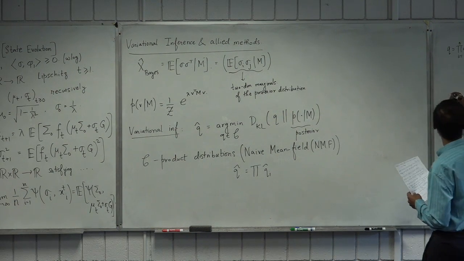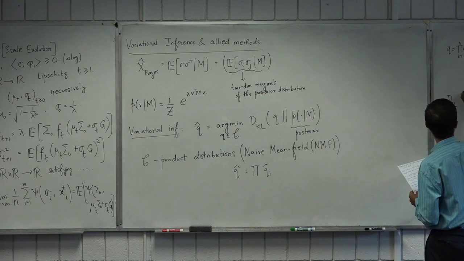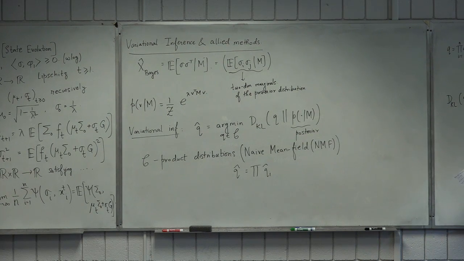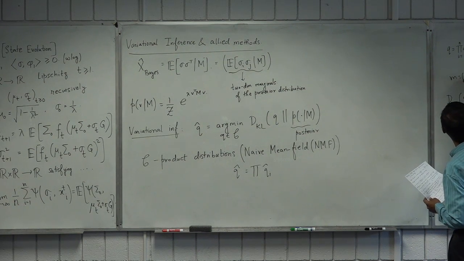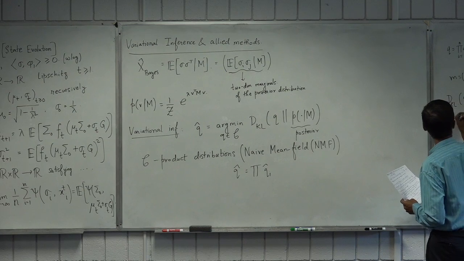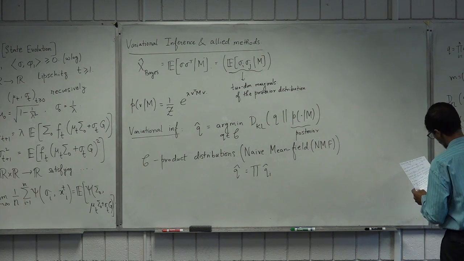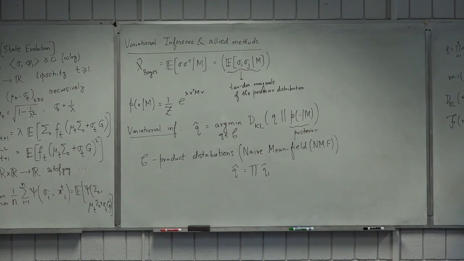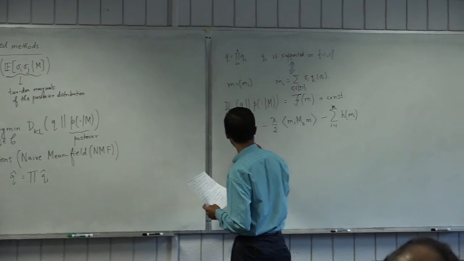And then the KL divergence of Q and P turns out to just be some function of m, where m is the vector, plus some constant that we don't really care about, where f of m is negative lambda over 2 m transpose m0 m minus the sum over i from 1 to n of h of mi, where h is the binary entropy.